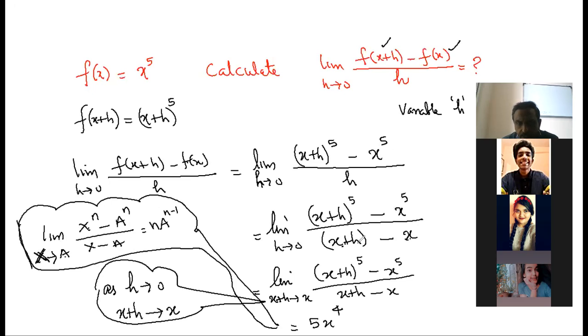What do you mean by x tending to a? This should tend to this. Correct, no? But you know that when h value becomes 0, x plus h will become x plus 0, that will become x only. So writing h tending to 0 and writing x plus h tending to x both mean the same. So this became exactly this formula, and the answer is 5 into x raised to 4.